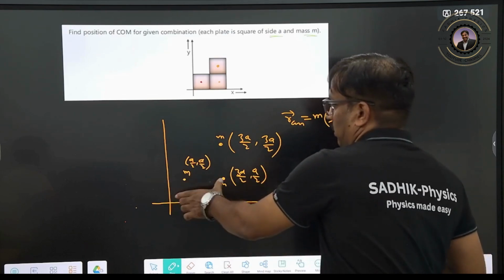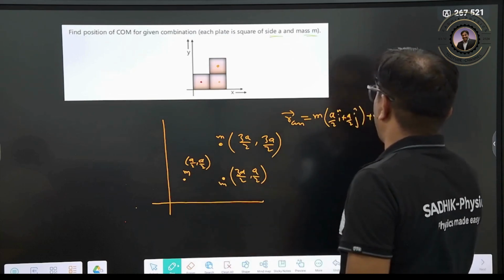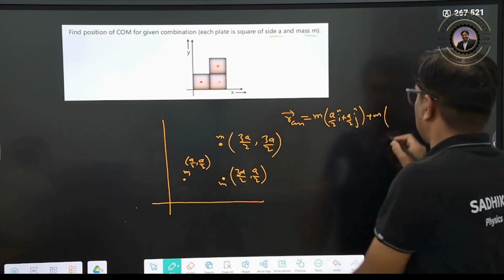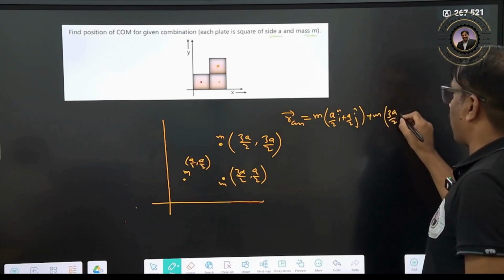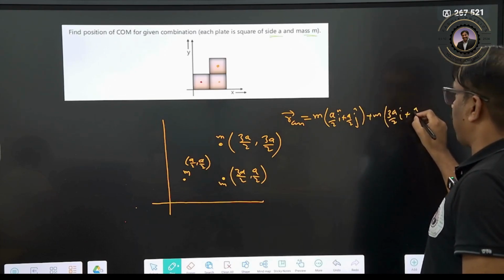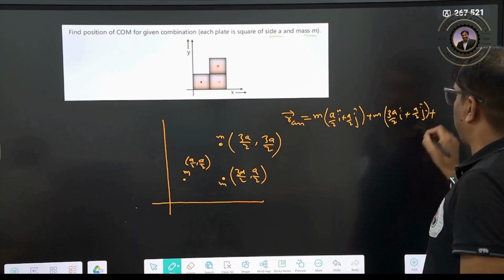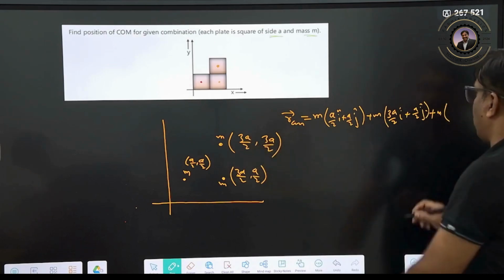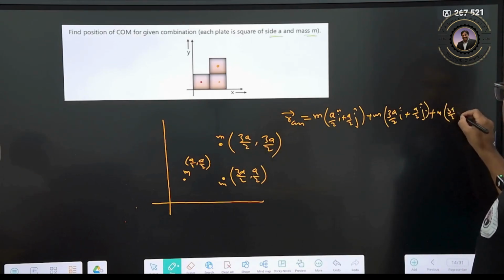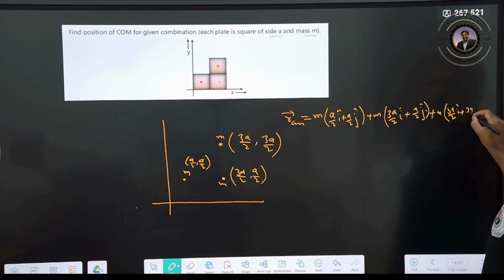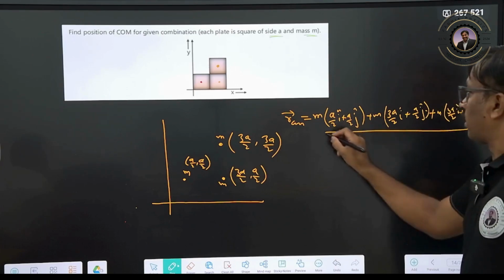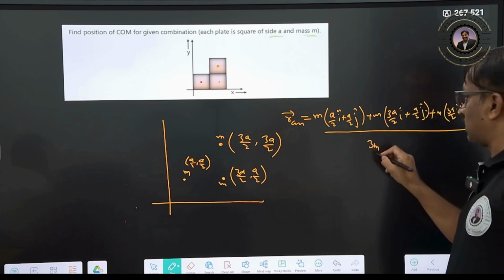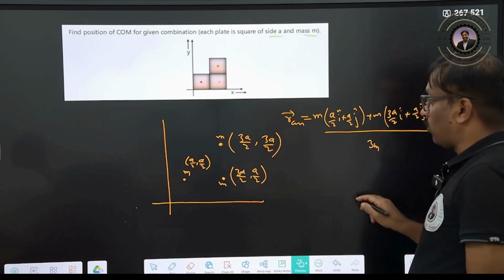For this distance, m into 3a by 2 i cap plus a by 2 j cap, plus m into 3a by 2 i cap plus 3a by 2 j cap. Now the total mass is 3m.